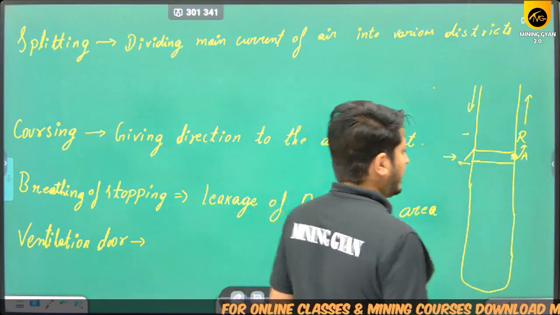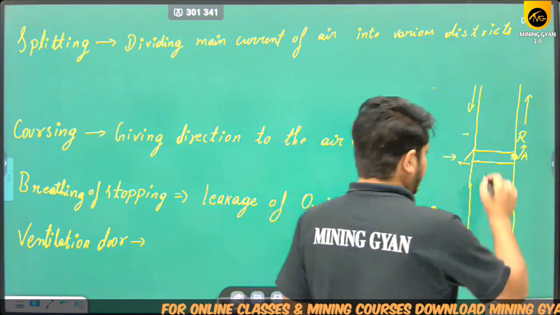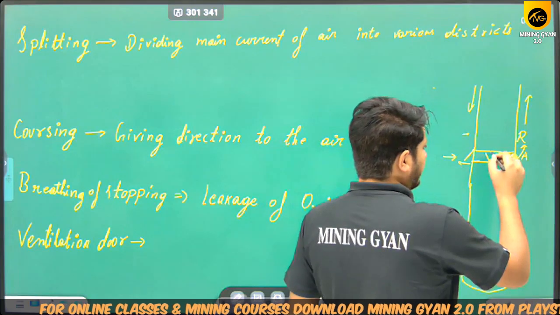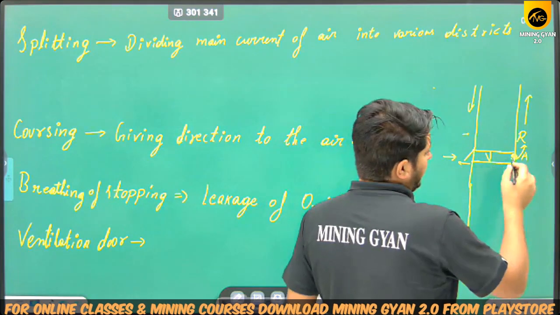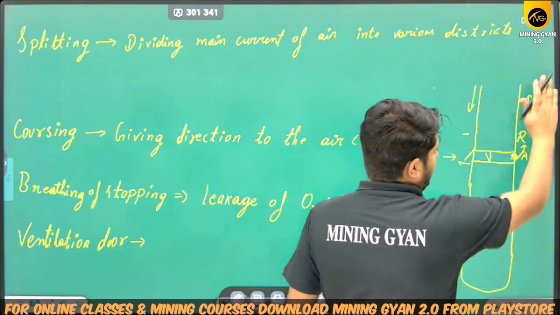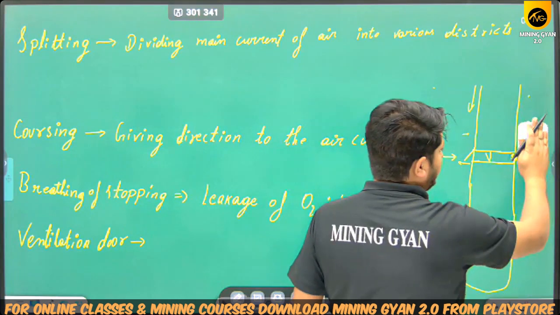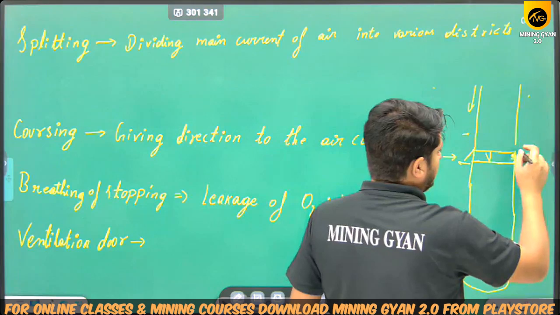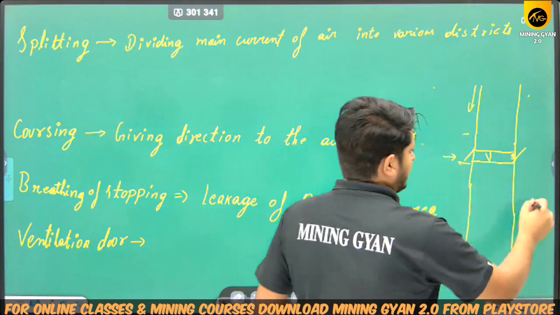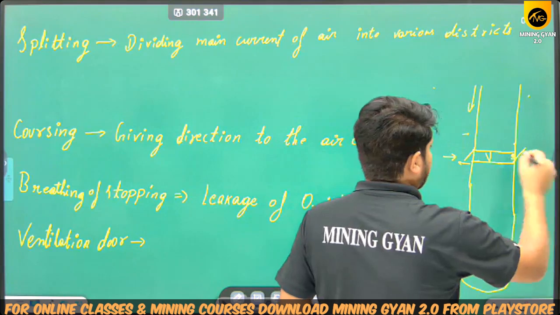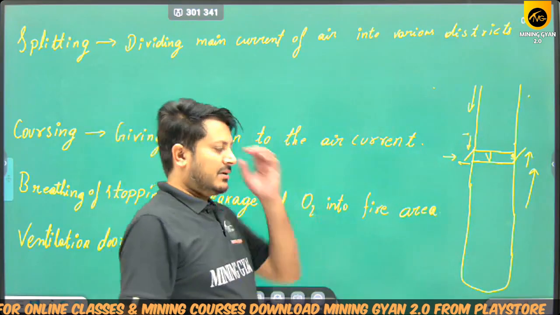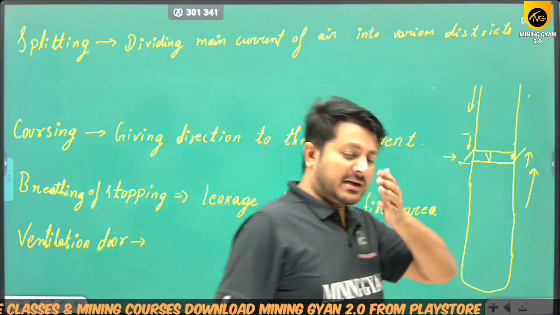After that, the other door will open like this, and after that, this door will open like this in the opposite direction. Since the air comes from this direction, and then this air comes from this direction. Okay, in this manner ventilation doors are constructed.